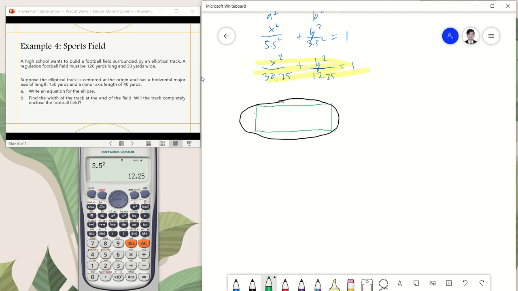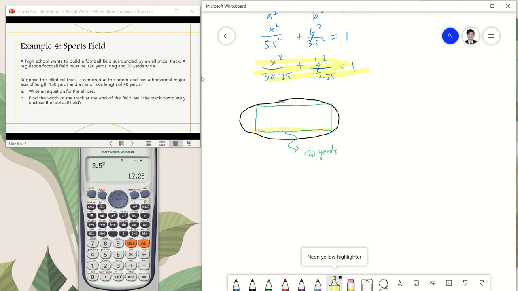So the standard of our football field, this part, it has to be 120 yards.